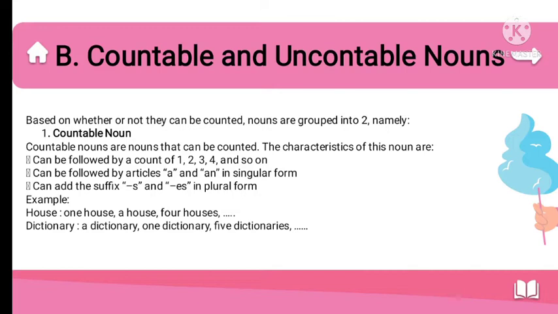In addition, it should be noted that there are nouns that have an irregular form when they are plural. They do not add s or es, but have their own form, which is included in the list of irregular form nouns. Example, man, a man, two men, three men, many men, and child, a child, two children, several children.